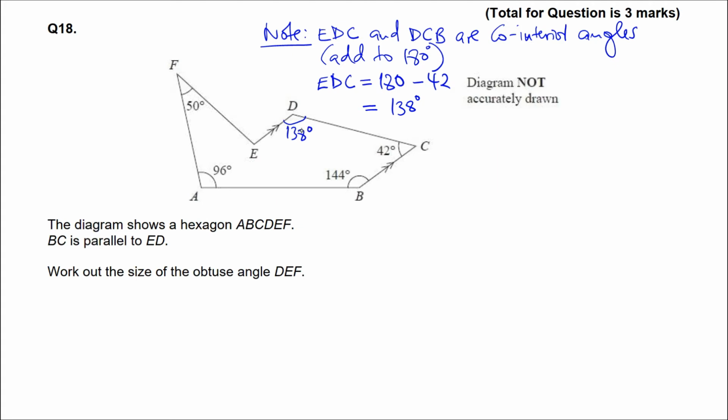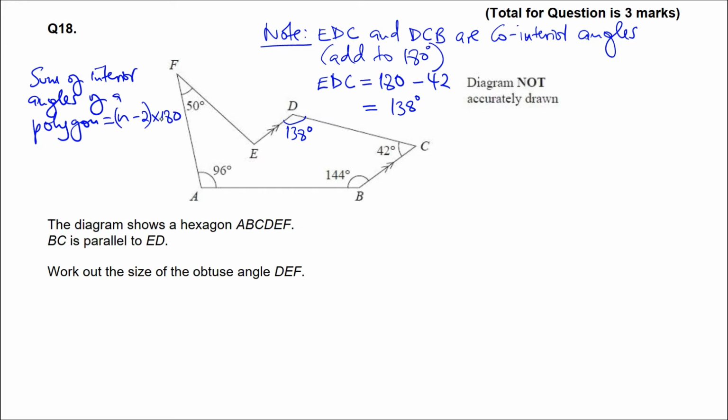Another thing is the sum of interior angles of a polygon is given by n minus 2 multiplied by 180.